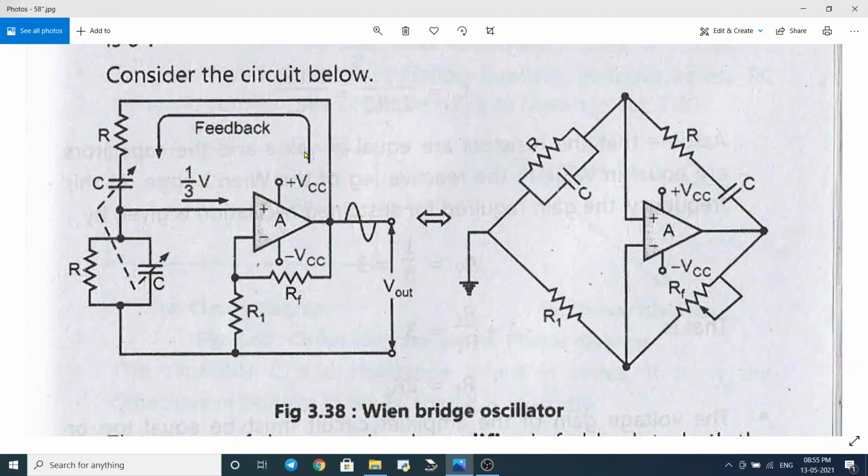The positive feedback in an amplifier is applied through a bridge network. So when it satisfies the Barkhausen criteria, the amplifier circuit with positive feedback will work as an oscillator and it produces the sine wave output.